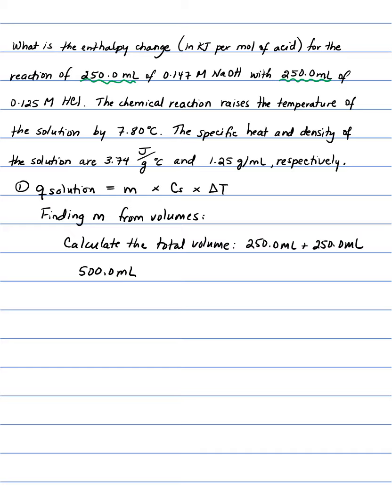If you go through your problem at the end, the specific heat and density of the solution are 3.74 and 1.25 grams per milliliter respectively, which means that if you have the total volume times the density of your solution, you can calculate the mass of your solution. So density times volume, your unit for milliliter cancels out and you get a number in grams.